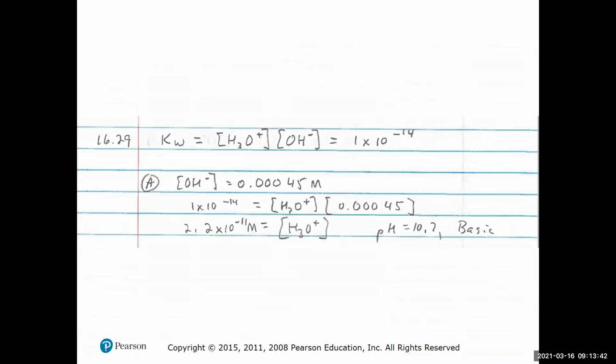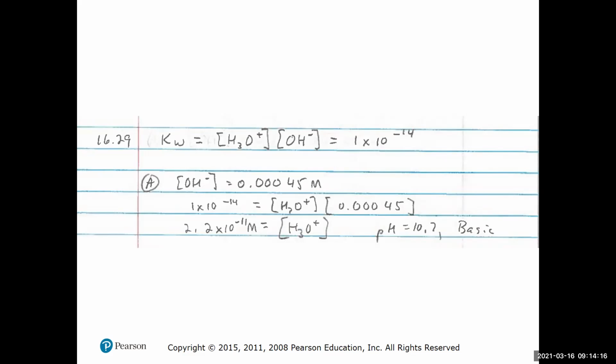Let's take a look at another problem, number 1629. So in 1629, we're asked for each of these solutions to calculate the hydrogen ion concentration and then say, is the solution acidic, basic, or neutral? Okay, so the first thing we want to do is remember what was our equilibrium constant for water.